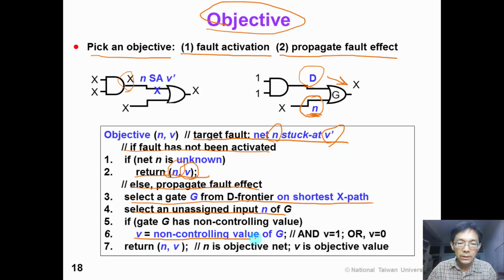Suppose that V is the non-controlling value of gate G. For example, for an AND gate, the non-controlling value is 1. For the OR gate, the non-controlling value is 0. So we simply return the objective net as N and the objective value V, which is the non-controlling value.